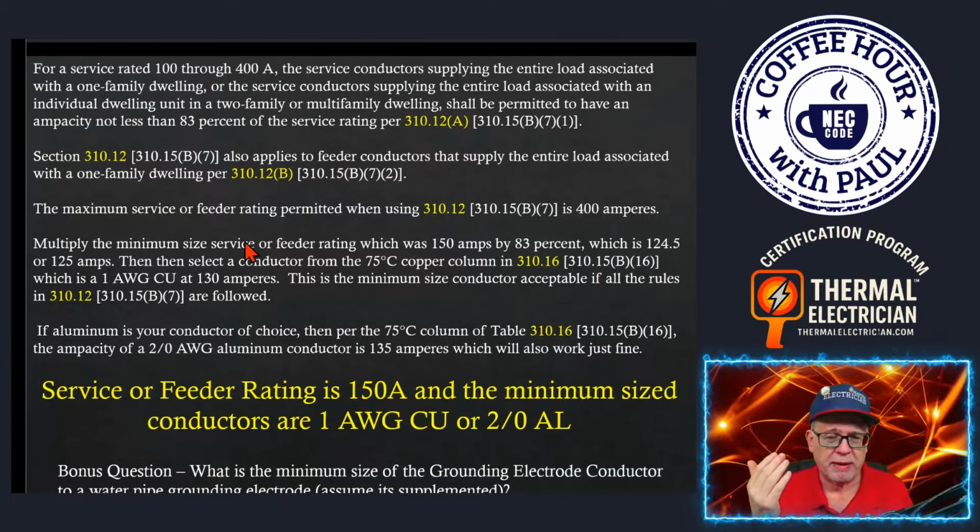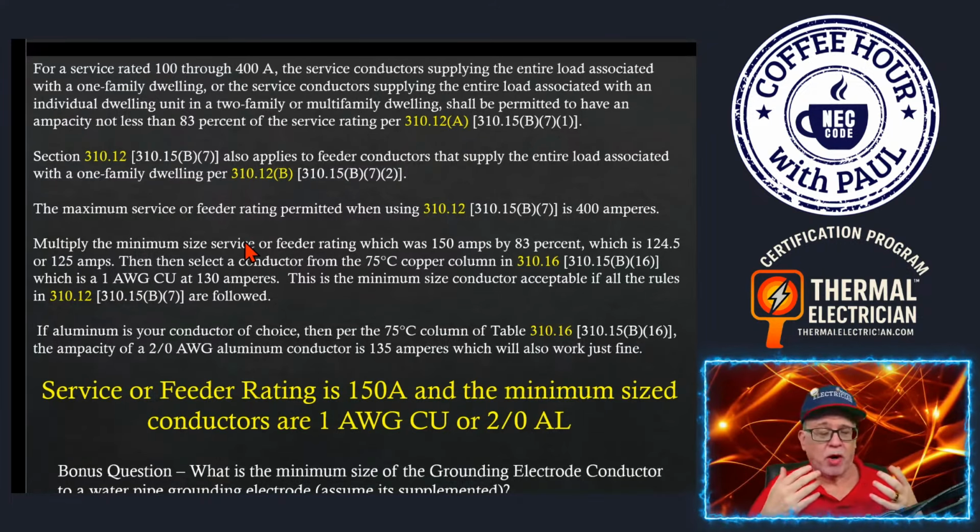As long as all the parameters fit, I can always use 310.12. That's not an optional. That is a permissive rule. Means it's in the code. You can use it. In all cases, you can use it unless you don't meet the caveats. Okay. For those that don't know what 310.12 is, that is the 83% rule. Okay. And you have to meet some caveats to use it.